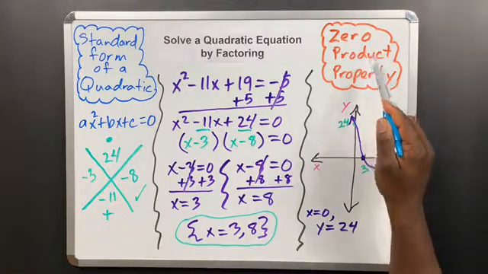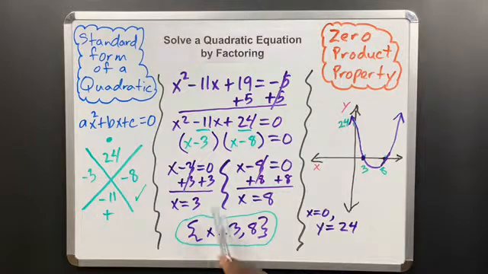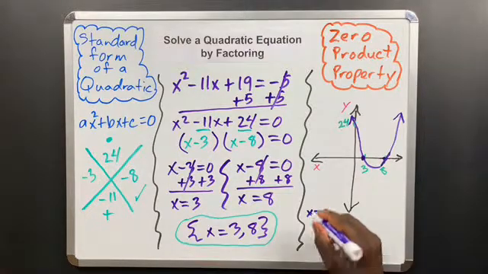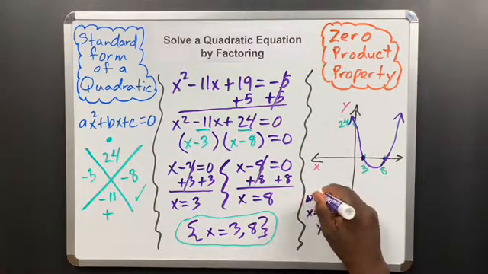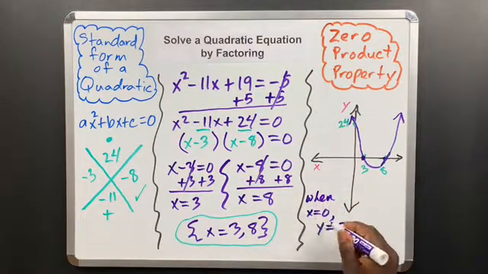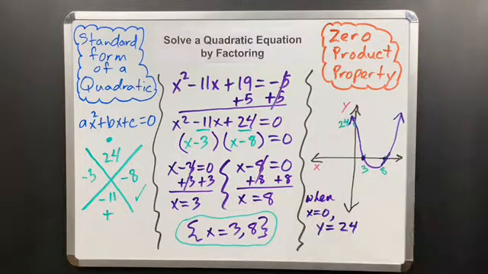It's called the zero product property because you use the zero product property to find the zeros. Okay? All right? So I'm just going to write when x equals 0, then y equals 24. And that's the y-intercept over there. All right. Very good.